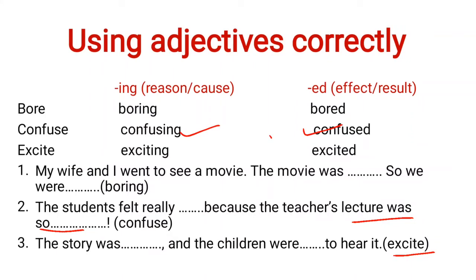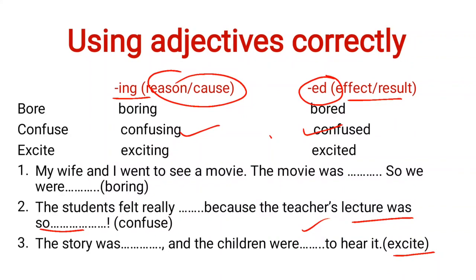So the correct way of using these adjectives would be the story was exciting and the children were excited to hear it. Here we need to notice that the ing form of adjectives is used when we are talking about reason or cause. But to talk about the effect or result, we will be using the ed form of adjectives.